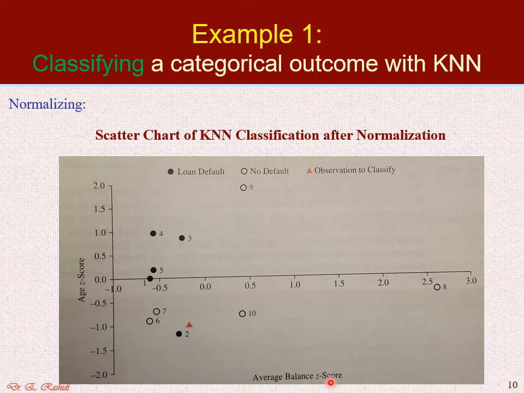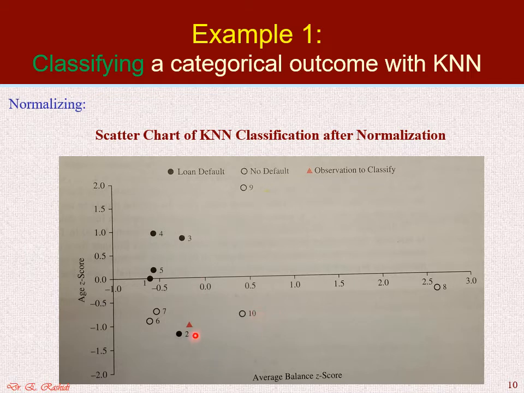The average balance z-score after normalization is shown on the x-axis here, and the age z-score is shown on the y-axis here. These are the 10 observations that we have. The labels or classes of these observations, if they are loan default, are shown by the black circles that you see, and if they are no default, they are shown by the white circles.